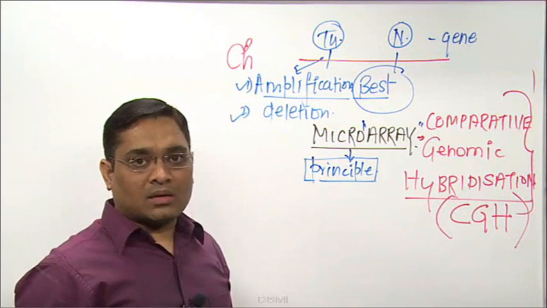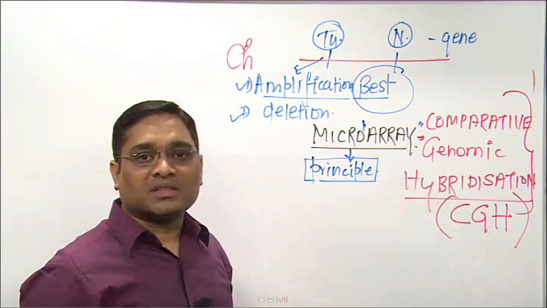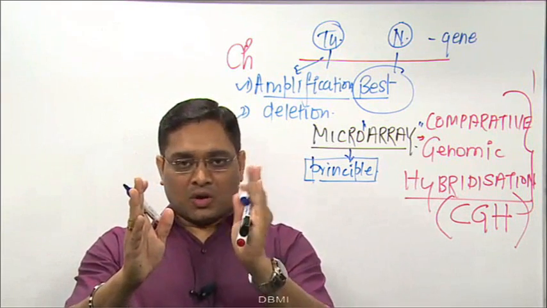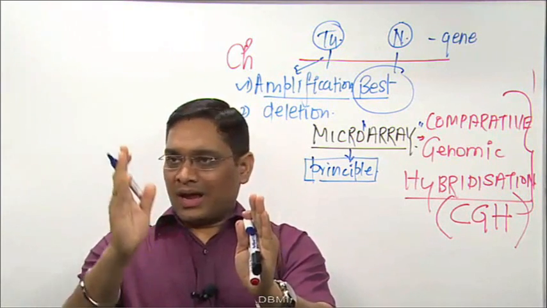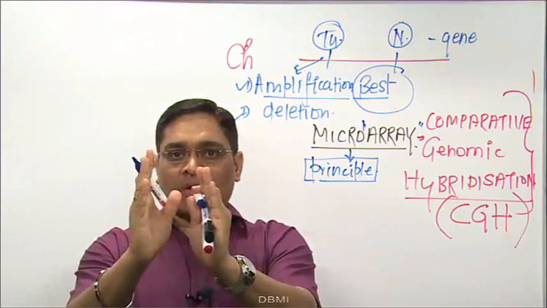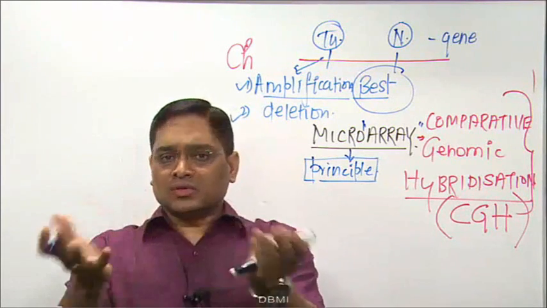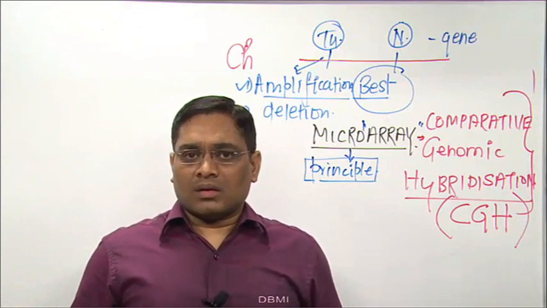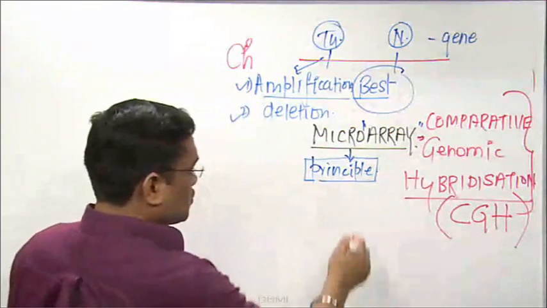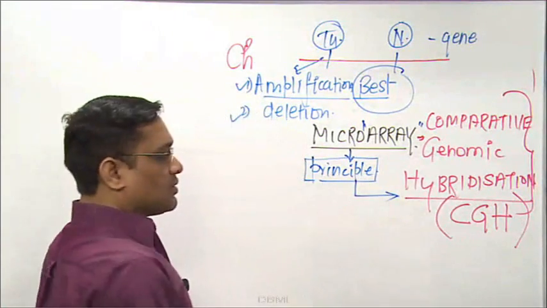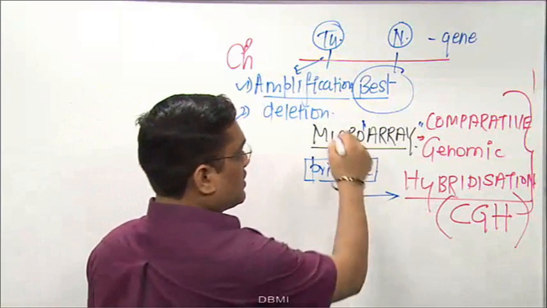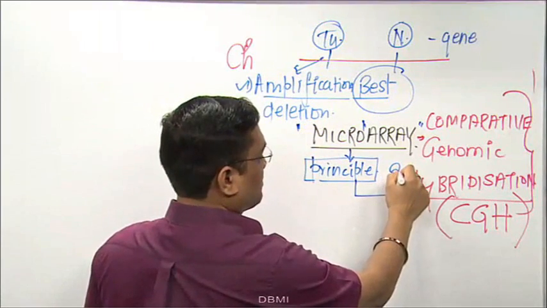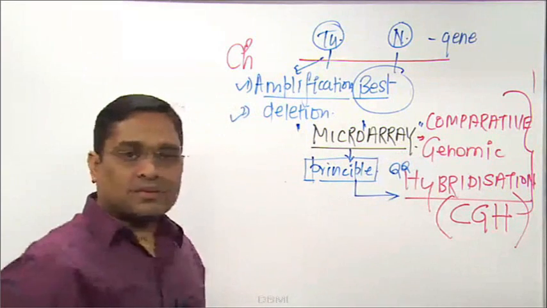The name itself is telling the basic principle. We are taking two genes, normal, our patient, and the gene library gene, and what we are allowing? Hybridization. So this is the principle. Microarray analysis, principle is hybridization.